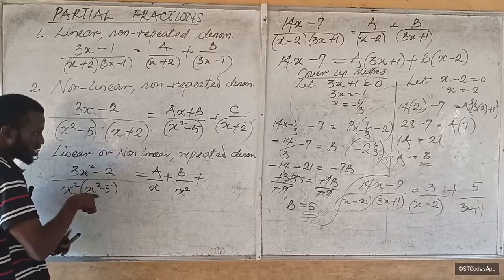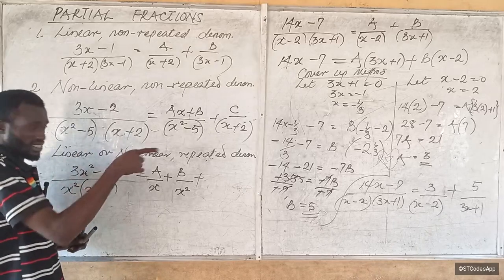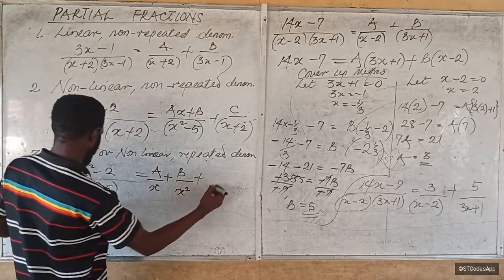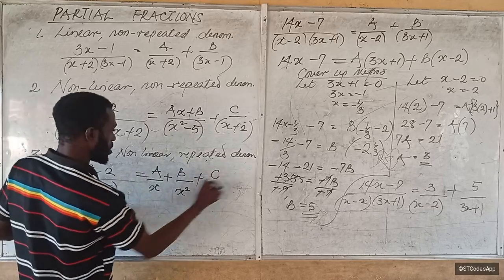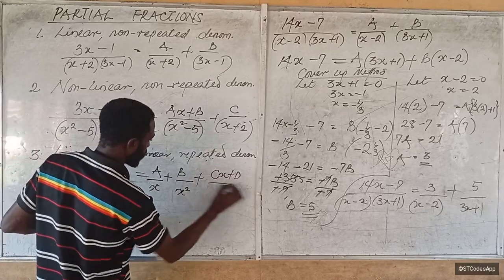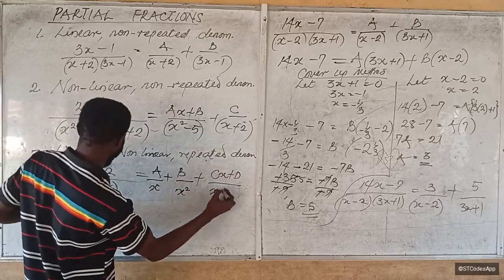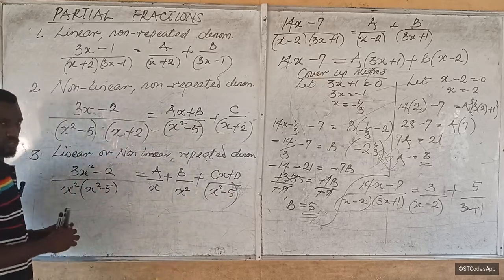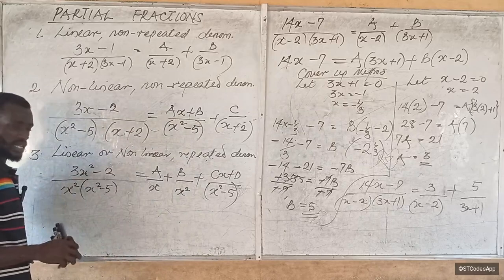So you are going to use a degree less than that one. So you have what here? C, because you are going A, B, C. Cx plus d over x squared minus 5. Do you understand now?